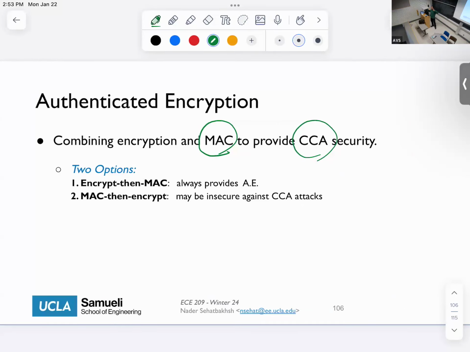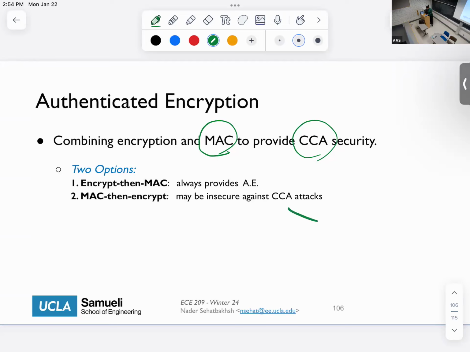And remember that you don't care about the confidentiality of the MAC, because we already kind of proved that nobody can understand anything about the tag. So what you would do is what we call encrypt then MAC. You get the message, you compute the encryption, you get the C, you compute the tag over the C and not the tag over the entire thing. Okay.